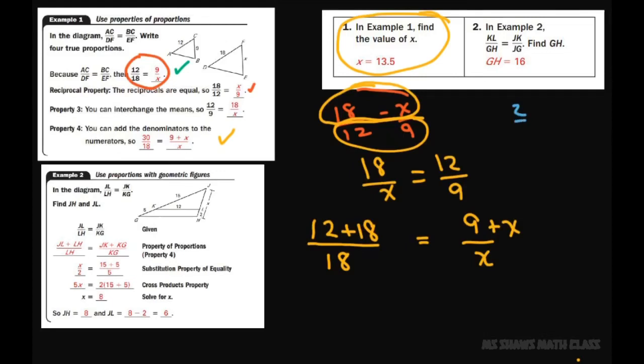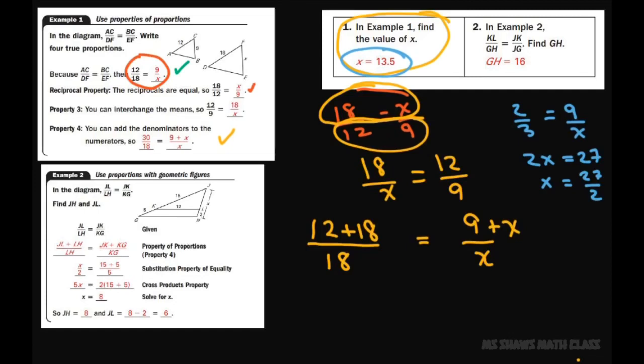So that's 2/3 equals 9 to x. You cross multiply and you're going to get 2x equals 27. So x equals 27 divided by 2, or you can write it as a decimal.